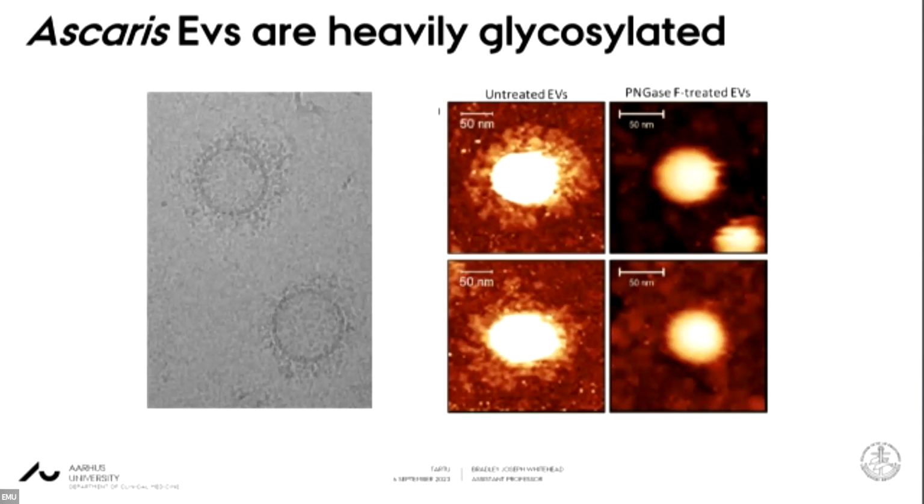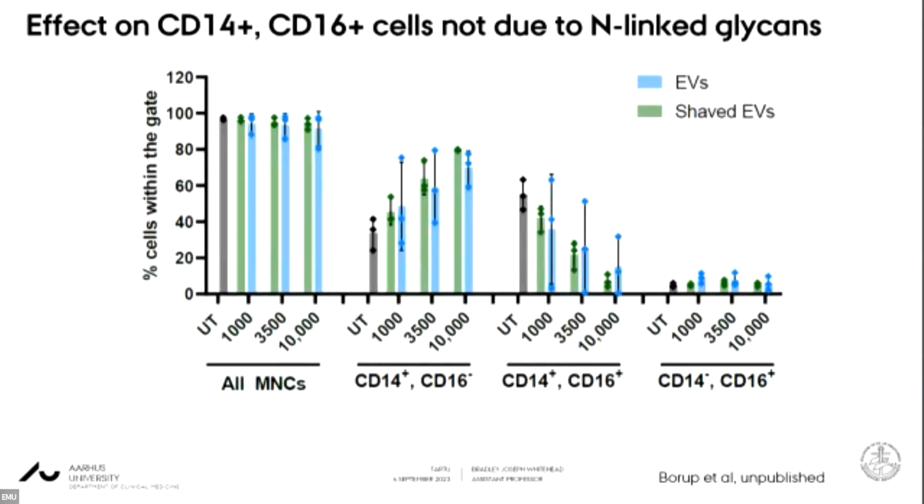So we assumed that by removing these glycans, we might affect the functionality of these EVs. But we didn't. It showed no changes in uptake and no changes in the functional effects. So we can conclude that it's not due to the N-linked glycans, at least, and perhaps these are just mediating stability for the parasite EVs.